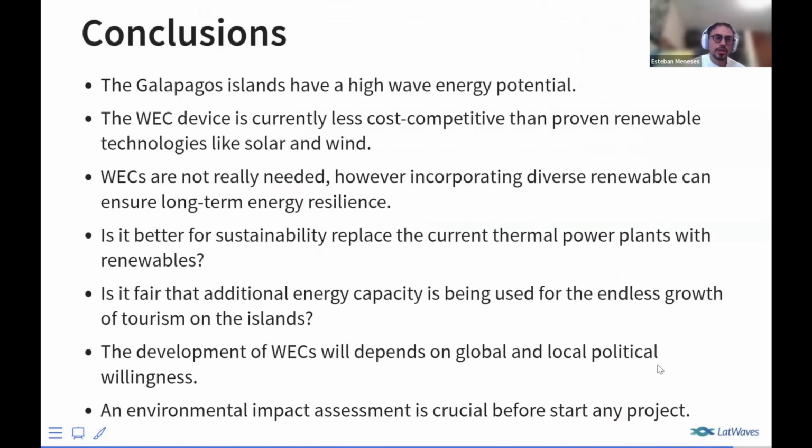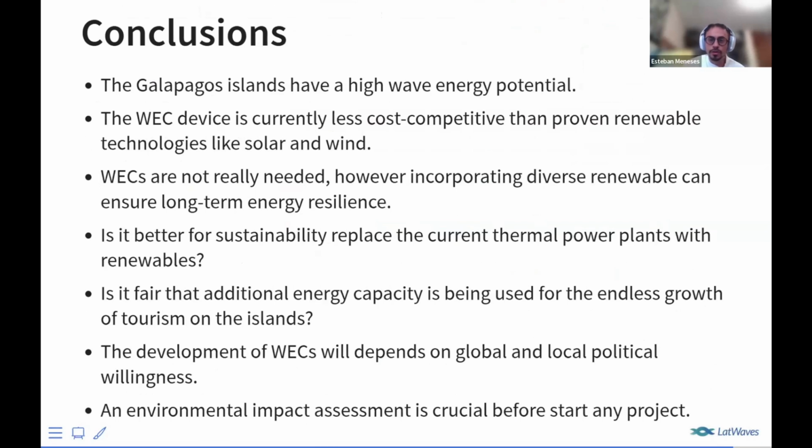And as a conclusion, we have that the Galapagos Islands have high wave energy potential. However, the wave device used here is currently less competitive than proven renewable technologies like solar and wind energy.